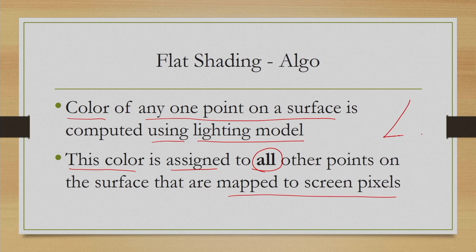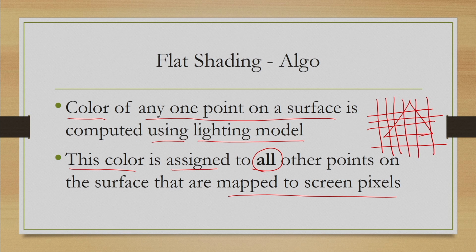So, suppose this is a surface and this is mapped. This is the pixel grid that I am drawing here. Consider this scan line. The pixels that are part of the surface are these three.